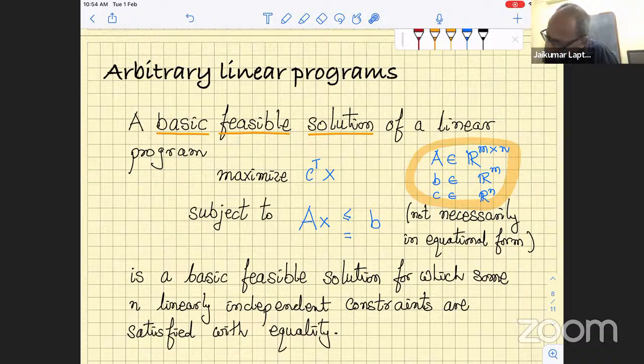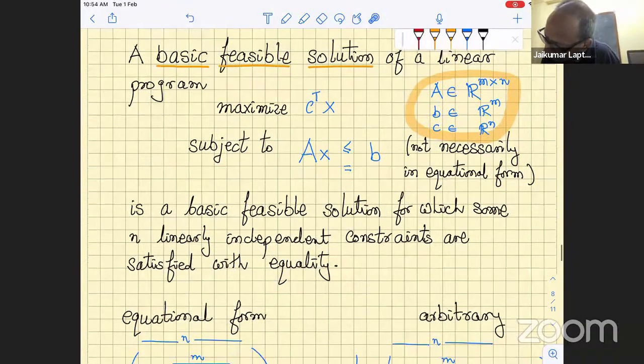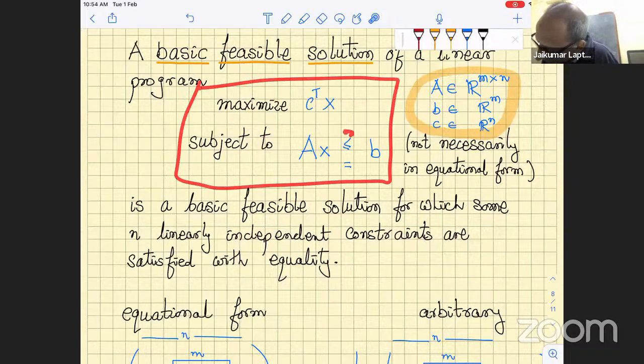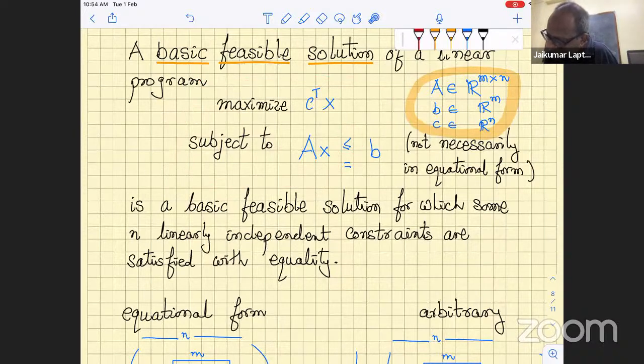So what do we mean when we have a linear program like this, where we are allowing ourselves inequality constraints as well as equality constraints, and any constraints on variables are already included in this statement here? So what do we mean?